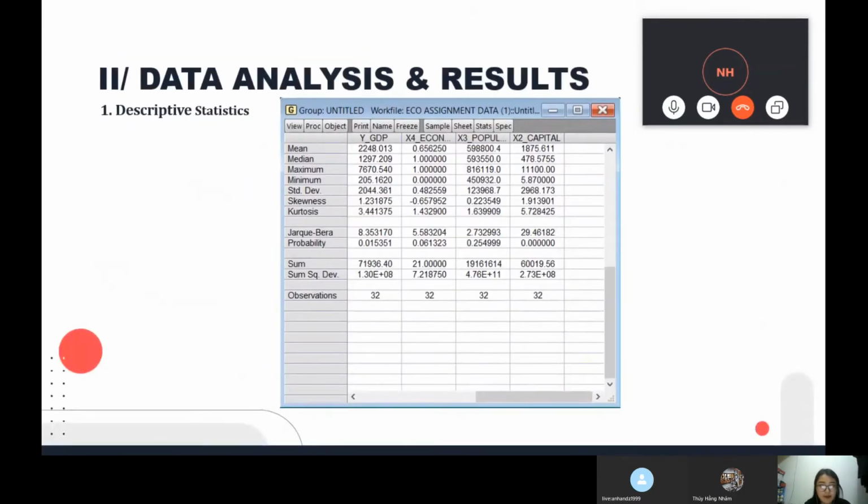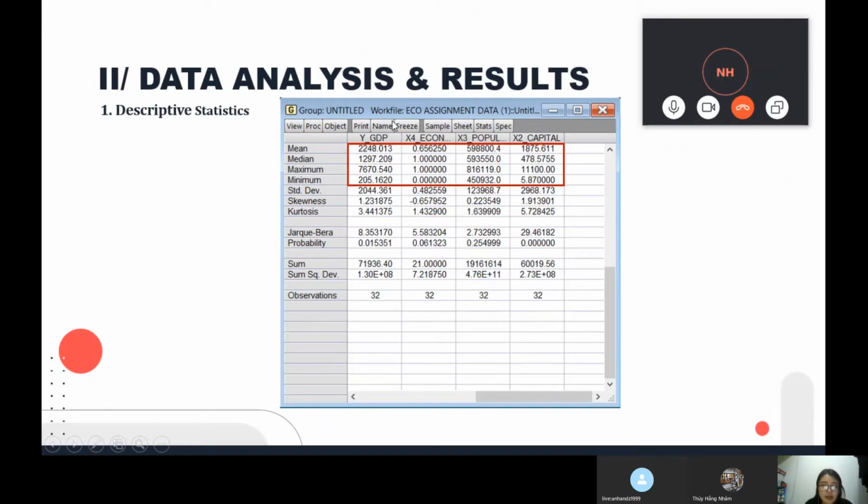And next we will come to the second part, which is data analysis and result. We use the data and run it on EViews, and we have this table for the information of our data. We can see here the mean, median, maximum and minimum numbers.